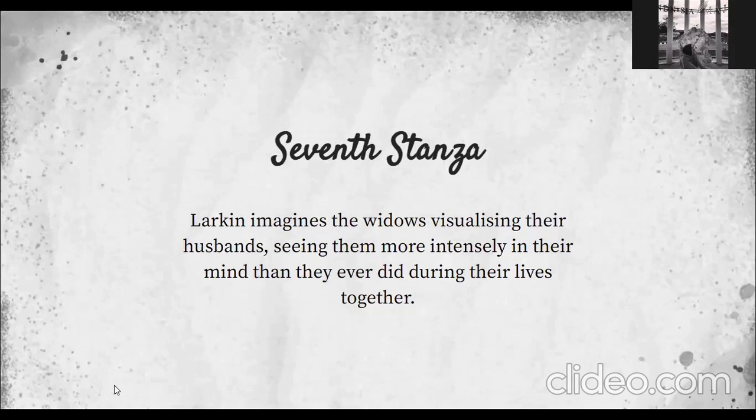Okay, now we come to the seventh stanza. I would like to continue. Here, Larkin can imagine the wives at the windows visualizing their husbands, seeing them more intensely in their minds than they ever did during their lives together.